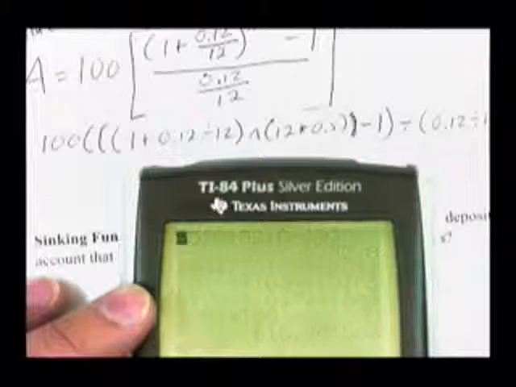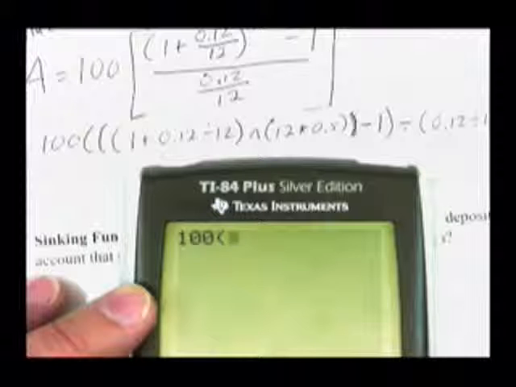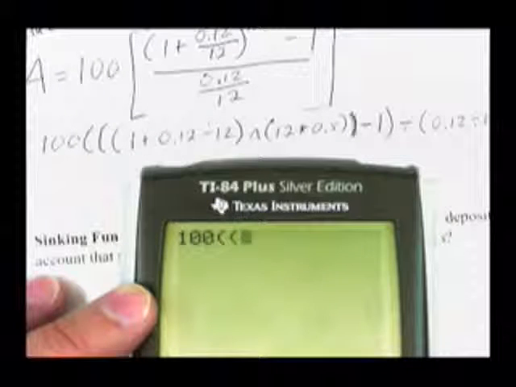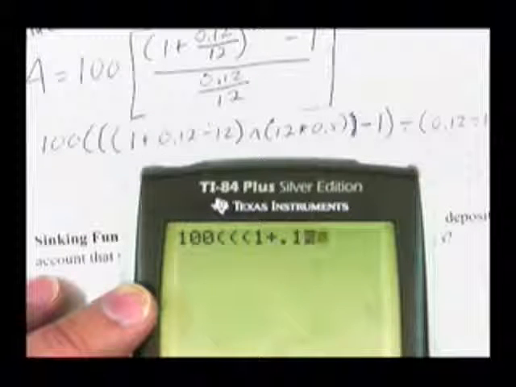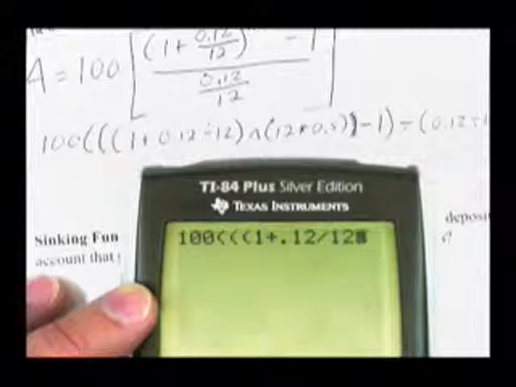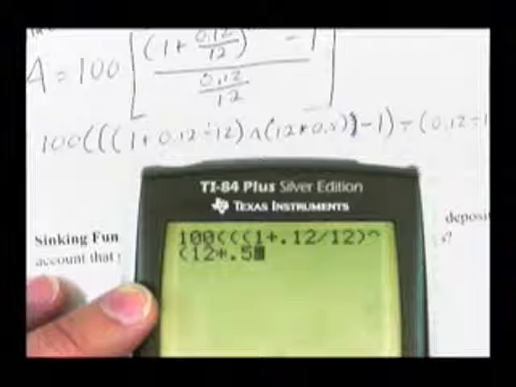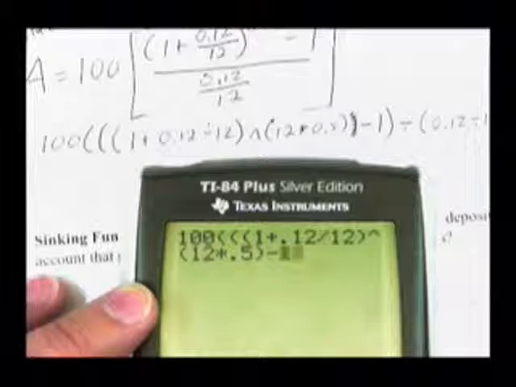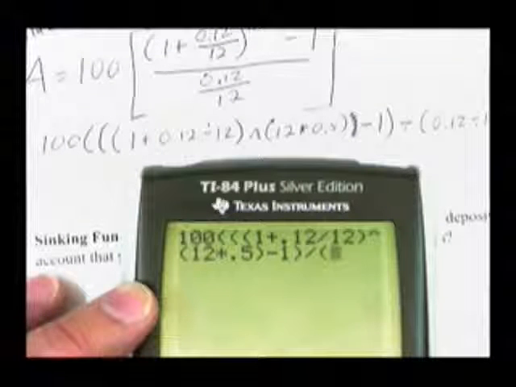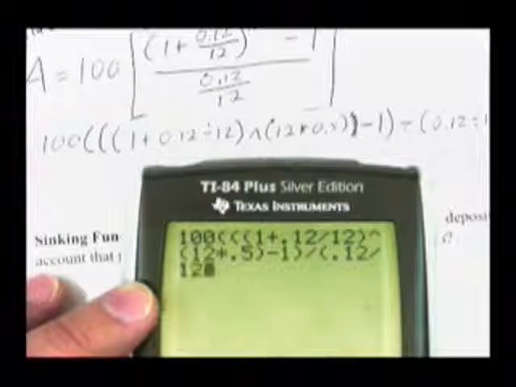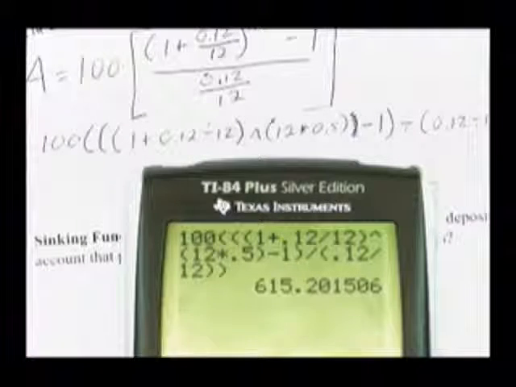Let's go to this so I have some room here so you can see better. 100, parenthesis, which is my bracket, parenthesis, which is my numerator, parenthesis, which is within my numerator, 1 plus 0.12 divided by 12, close parentheses, raised to the parentheses, 12 times 0.5, close parentheses, minus 1, close my numerator parentheses, divided by open denominator parentheses, 0.12 divided by 12, close denominator parentheses, close brackets, and notice I get the exact same thing that I got up above.